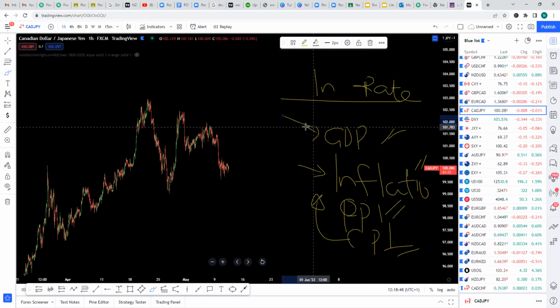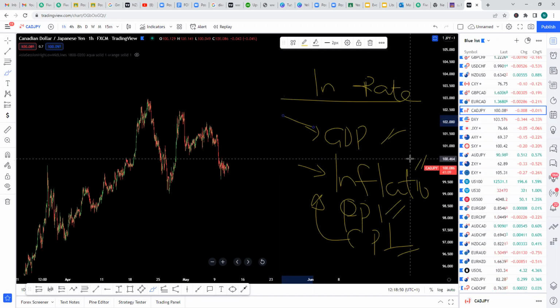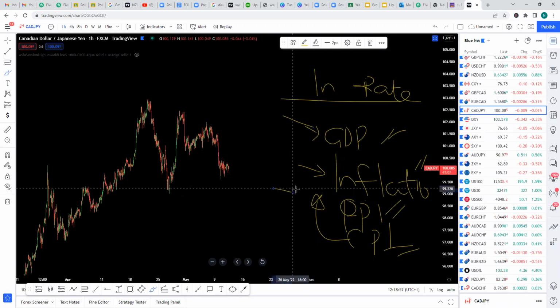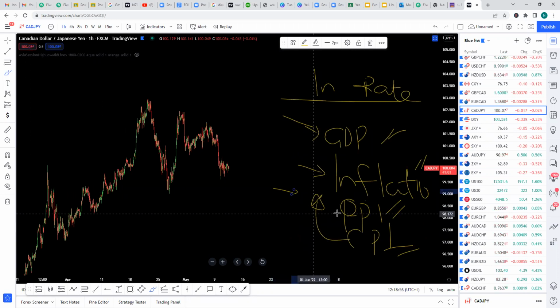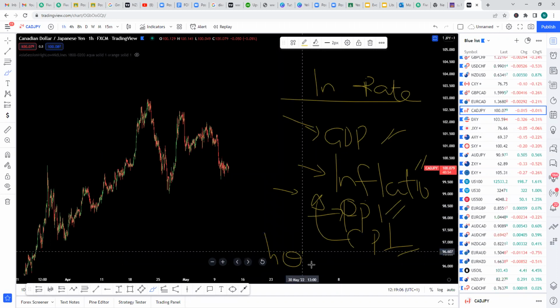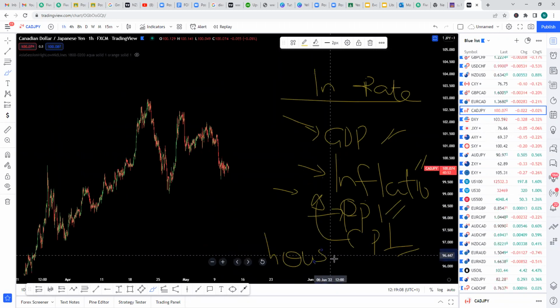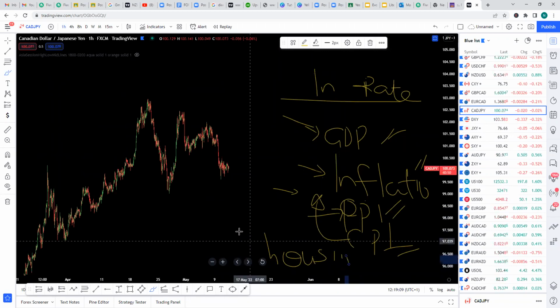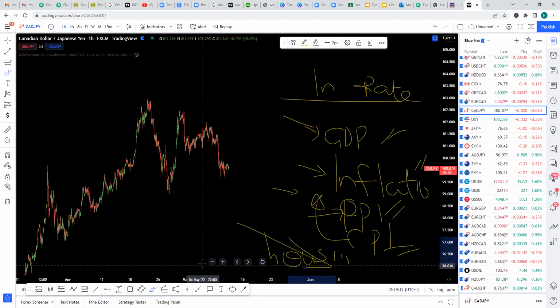This GDP here, it happens. We measure it. This CPI here, it happens. We measure it. This PPI here, producer price index, it happens. We measure it. Even housing data, it happens. We measure it. But you know what?